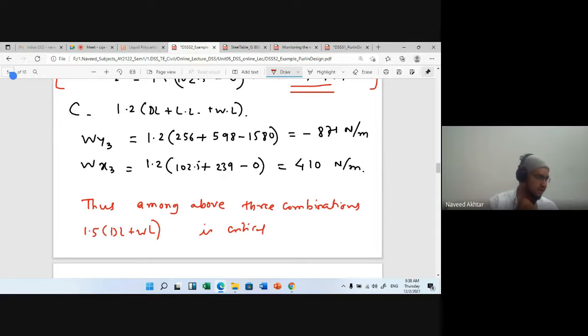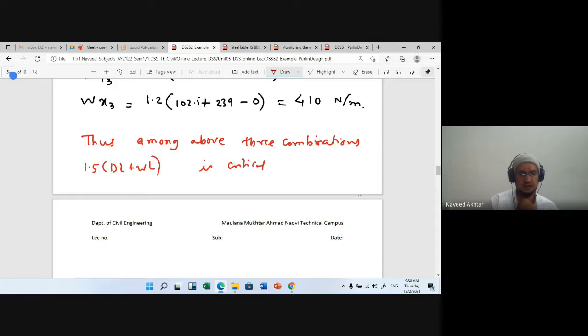So we'll go for that. That is WY2 is 1986. Negative sign is for uplift. Okay, and WX2 is 154 Newton per meter for the worst combination.